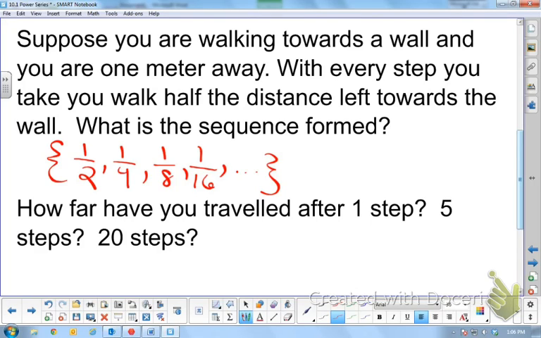I was 1 meter away from the wall. Take one step, I've only traveled half a meter. So after one step, I'm half a meter away. What if I take 5 steps? How would we find my total distance traveled if I've taken 5 steps?